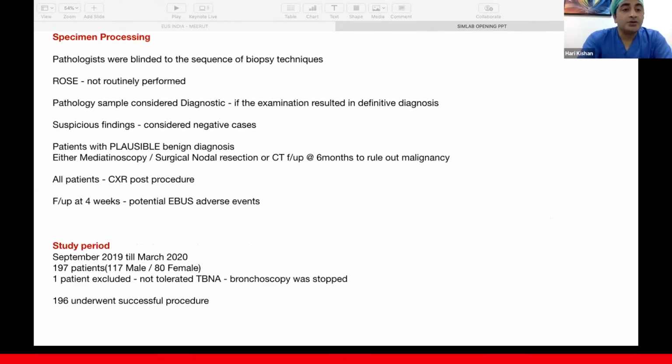Coming to the specimen processing, pathologists were blinded to the sequence of biopsy techniques. ROSE was not routinely performed in all the patients, and a pathology sample was considered diagnostic if the examination resulted in a definitive diagnosis.